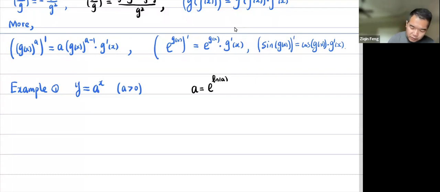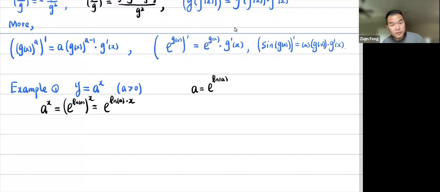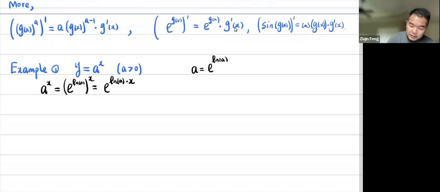So a to the x is basically e to the power natural log of a, then to the power x. Then apply the exponential rule, we get this equal to e to the power natural log of a times x.